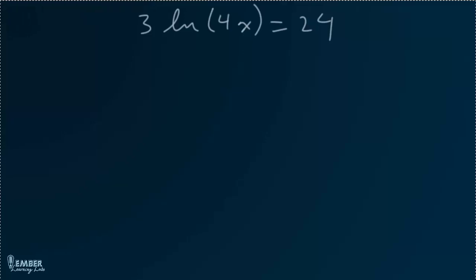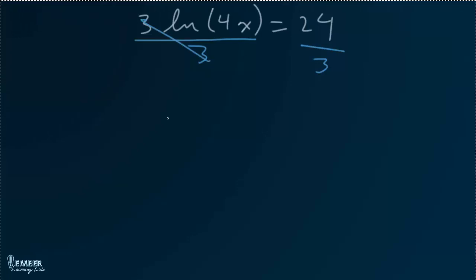Now we're going to simplify that by dividing both sides by 3 to get rid of that guy, because it's multiplied onto all that mess. We end up with the natural log of 4x equals 24 divided by 3, which is 8.